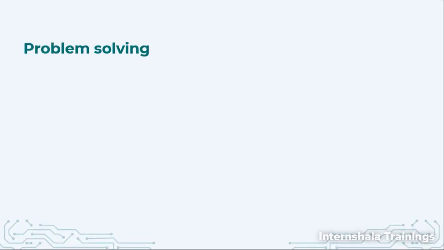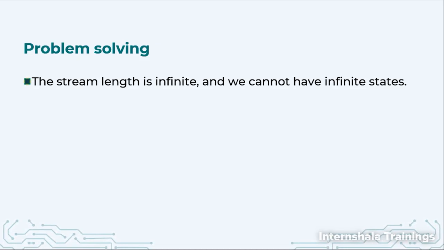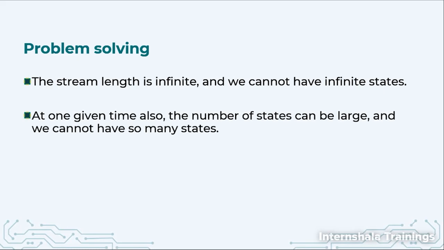So this is the statement that we have for our system design. So how do we solve it? The stream length is infinite. So we are going to have infinite states or not? Well, if it is a finite state machine, we cannot have infinite states. At one given time also, the number of states can be large.